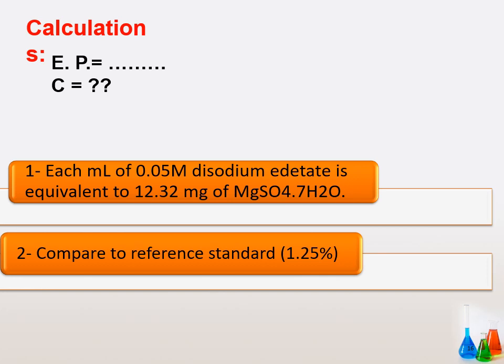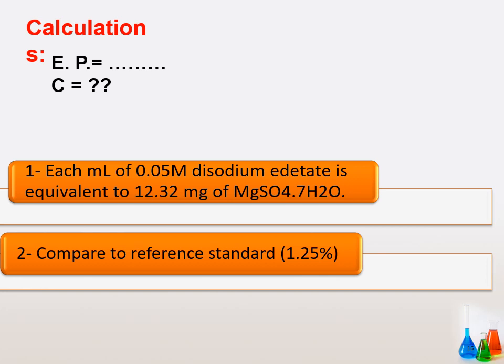But in the equation of the concentration, we use the equivalence in gram per ml. So we have to convert the equivalence from milligram per ml to gram per ml by dividing it by 1000. So the equivalence which will be used is 12.32 over 1000 gram per ml.